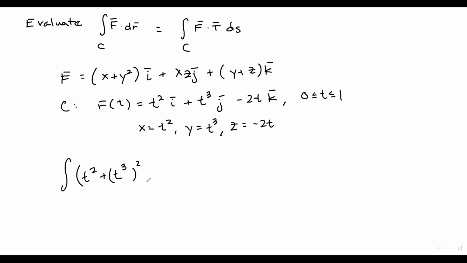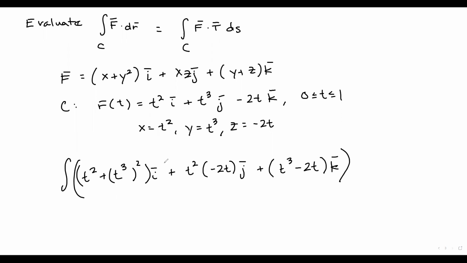That's times i, and then x is t squared, and z is negative 2t, times j, and then y is t cubed minus 2t, times k. All of this big monstrosity is F.